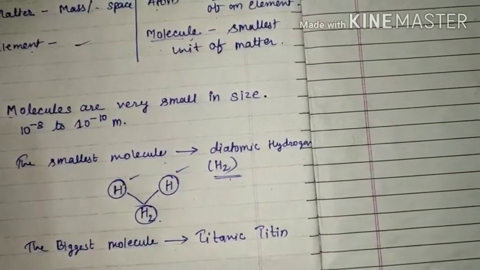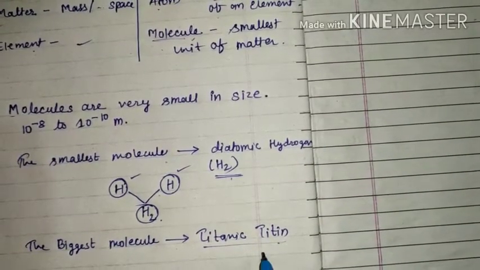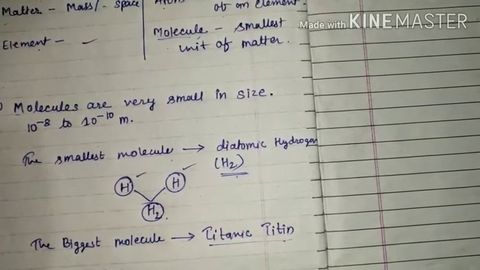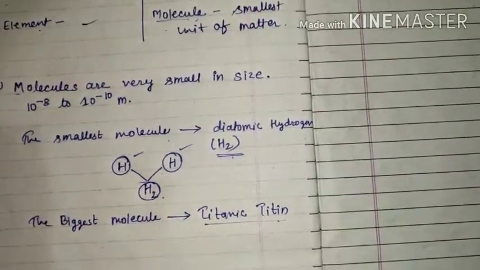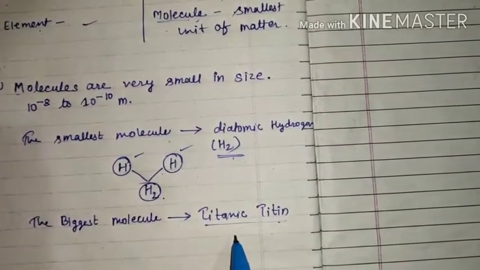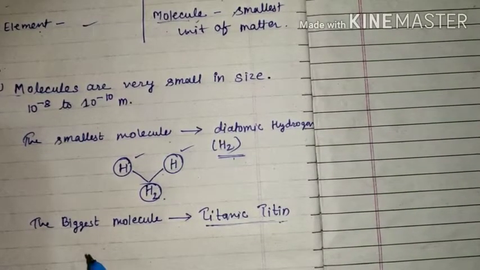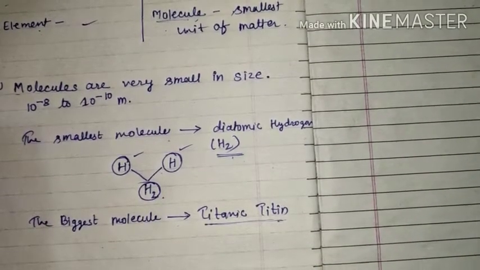This is the biggest molecule, and this one is found in the arrangement of amino acids, which is found in DNA in the body.